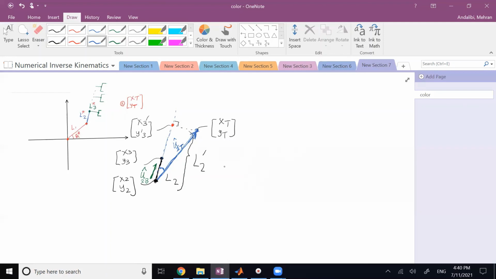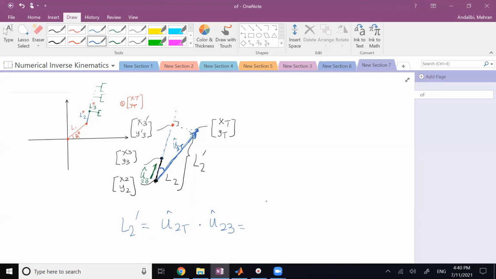So clear from here, L2 prime is equal to U2T dot U23. Because it's the magnitude of this times the magnitude of that, which is 1, times cosine of the angle in between, which is exactly L2 prime. And done, that's it.